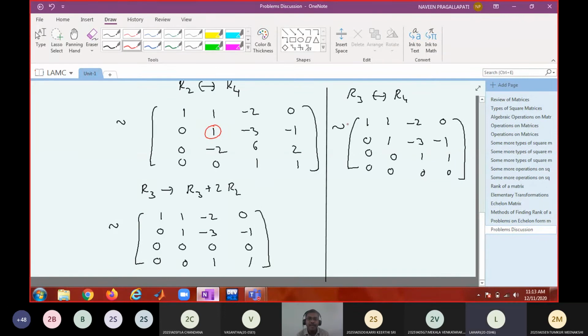Now these are all the pivot entries, and all the entries under the pivot position are 0.